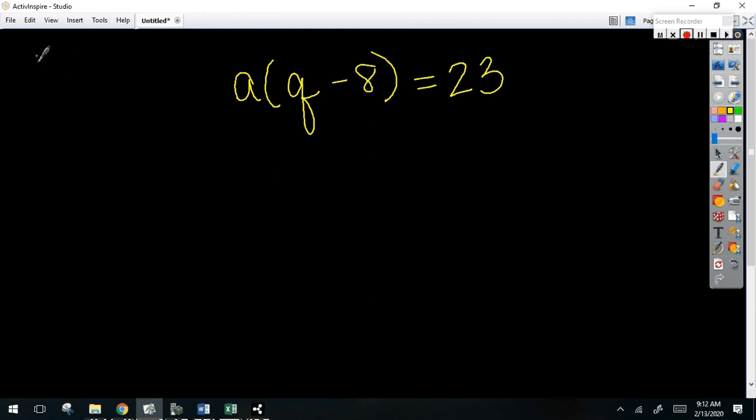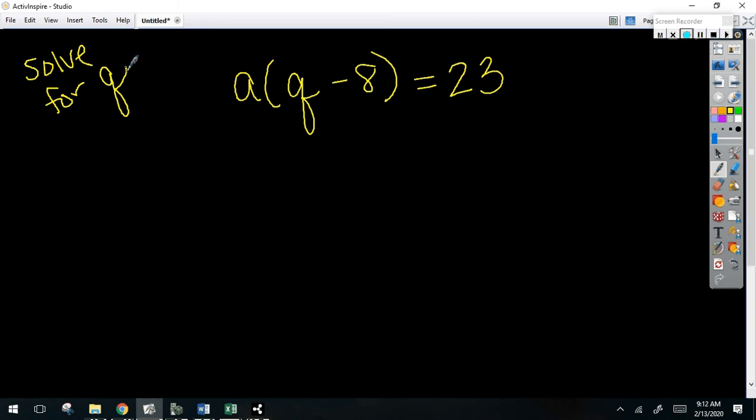What if the variable I was looking to solve for was inside that parenthesis instead of outside? So what if I wanted to solve for Q here? Do I do the same thing here? I don't know.